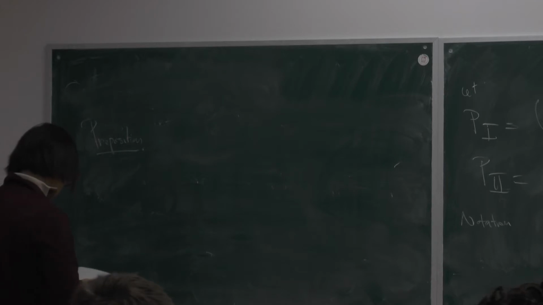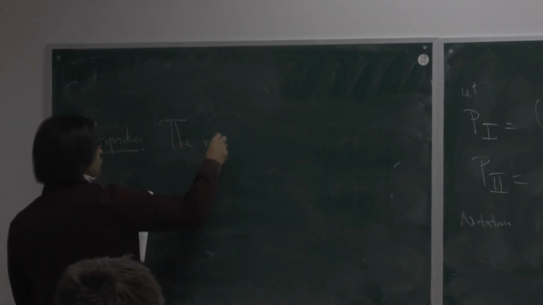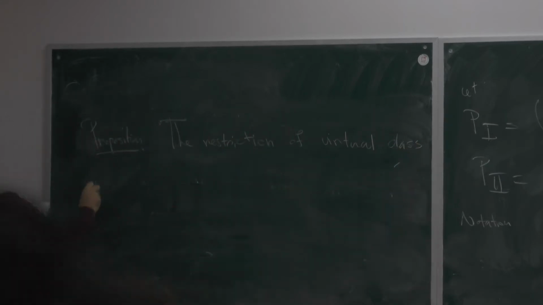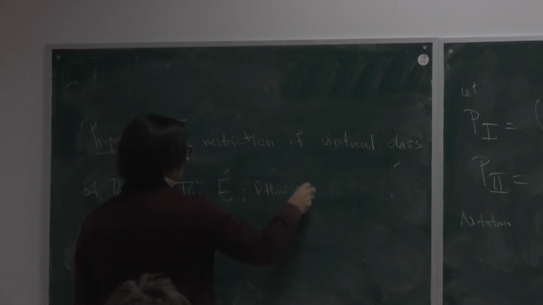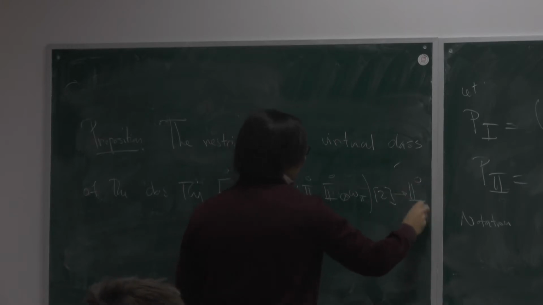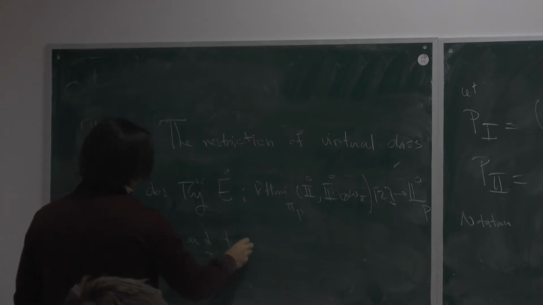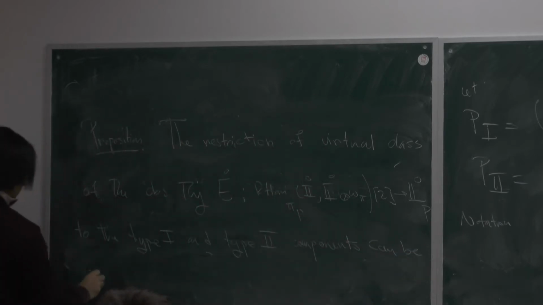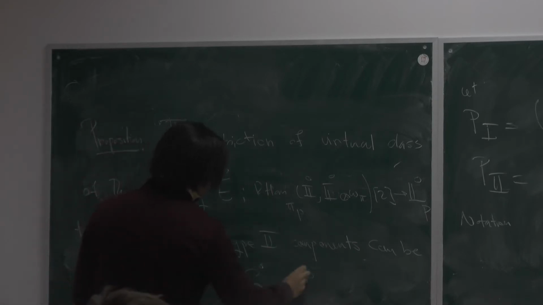Maybe I just tell you the following: the restriction of the virtual class of the obstruction theory E dot, which was the one R pi P I dot, to type 1 and type 2 components can be written in terms of G dot 1 and G dot 2.